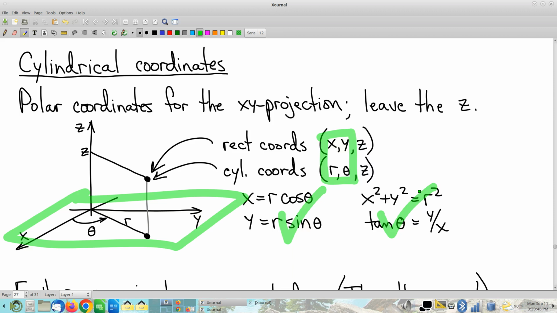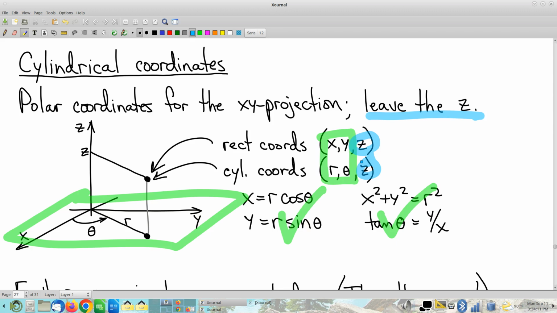The only thing that's different between polar coordinates and cylindrical coordinates that we're seeing here is that there are three coordinates to begin with, and we just keep the z. So the third rectangular coordinate is z. The third cylindrical coordinate is also z.